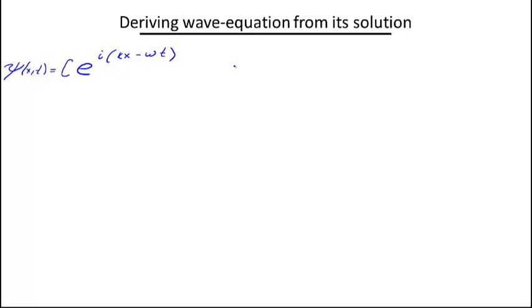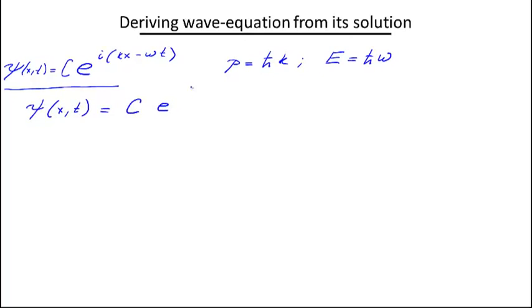Those relations are the following. p is equal to the Planck constant h bar times k, and energy is equal to h bar times omega. So we may as well write this wave function for the electron with momentum p as some coefficient times e to the power i over h bar, times p x minus energy times t.